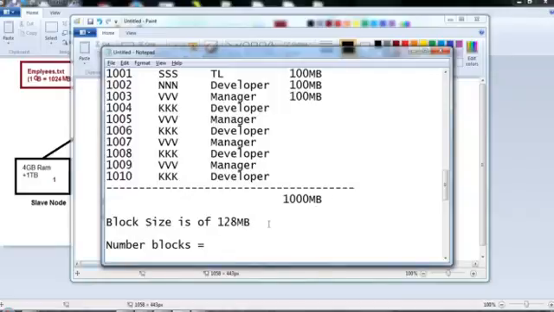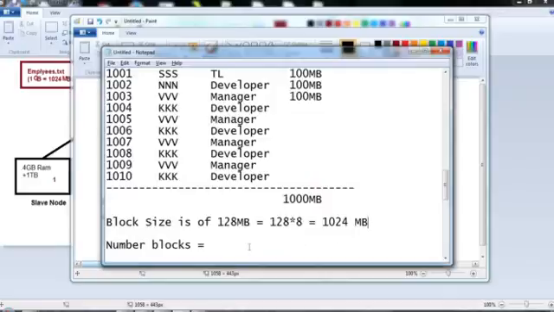Because 128 MB into, I think if we do 8 only, right? Which will give 1024. Yeah, so I think 8, sorry. So 8 blocks are sufficient for handling this 1000 MB file.